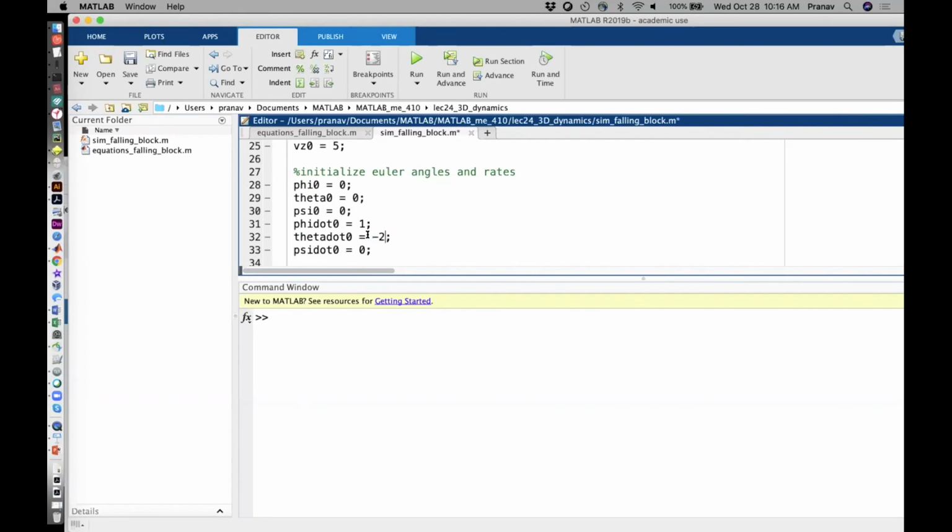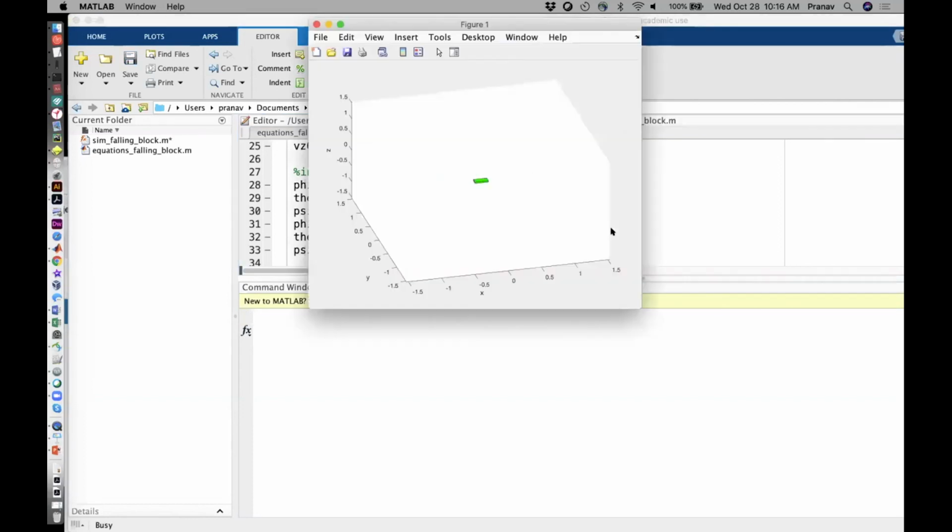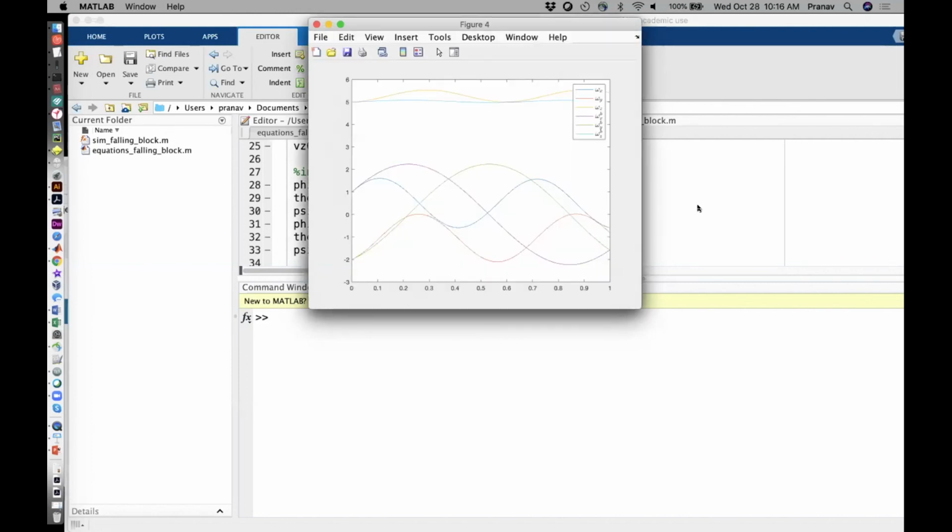So -2 and let's say +5. So things are going to spin like crazy in all directions, and then you can get a feel of it. Okay, so that's about simulating simple objects, very simple objects in 3 dimensions.